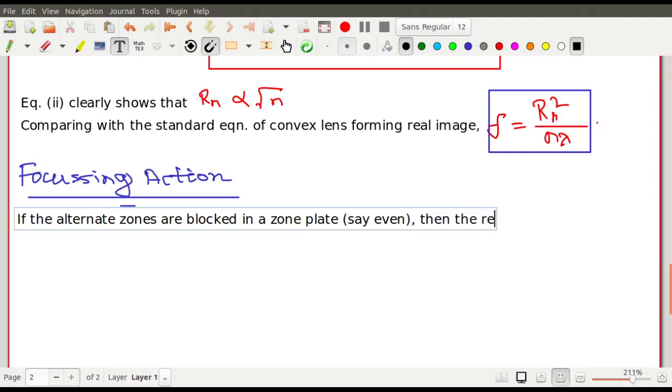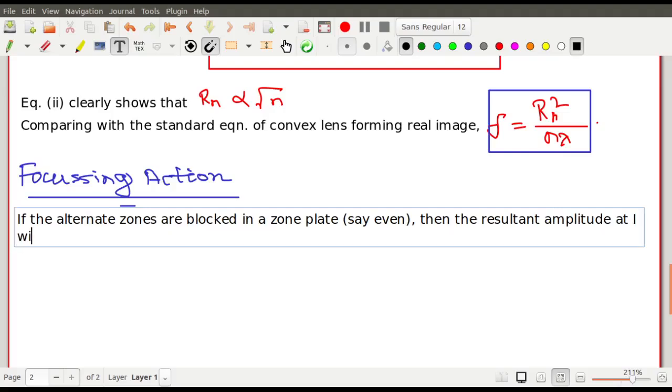Then the resultant amplitude, or intensity, let me first of all write amplitude. The resultant amplitude at capital I will be how much?